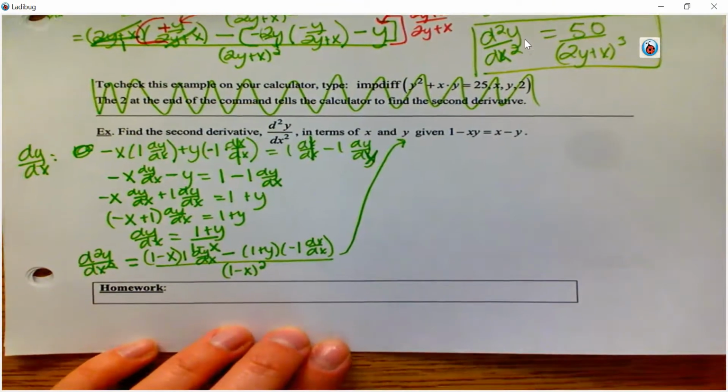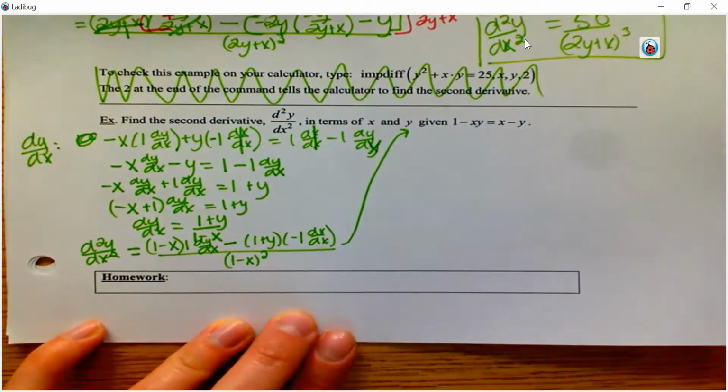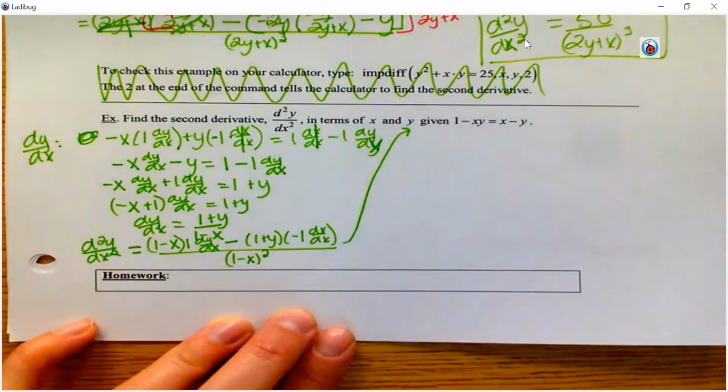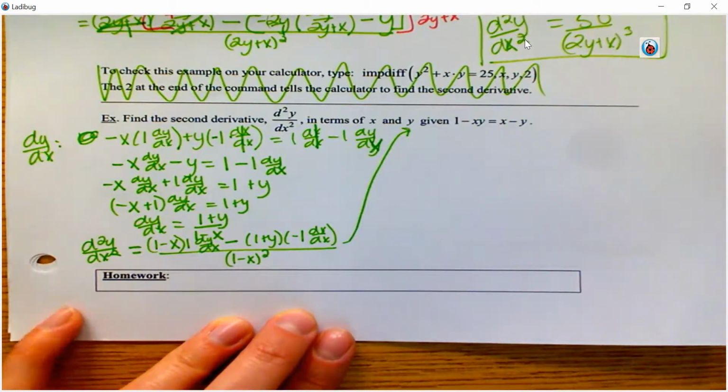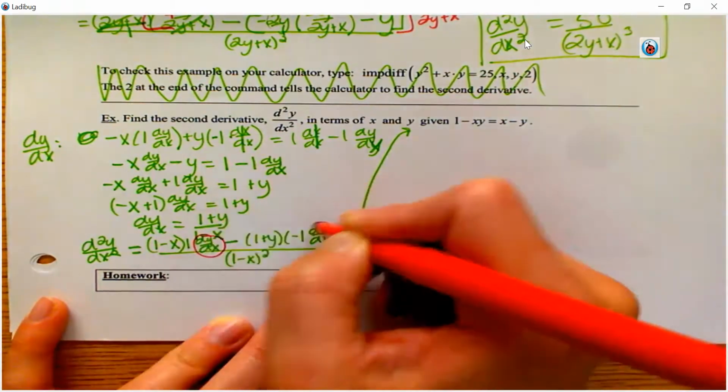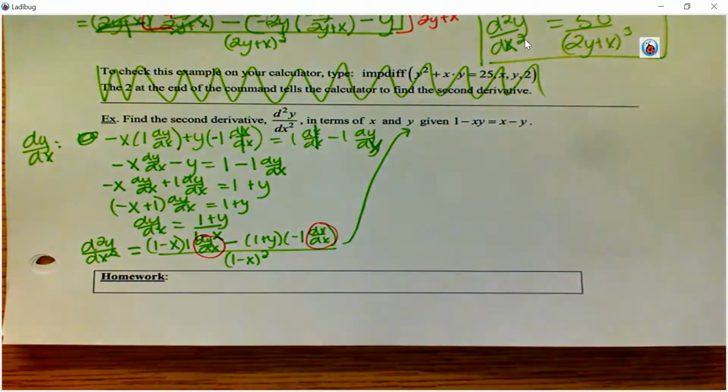Okay, now that I have that written like that, what do I need to do? It's the key to these problems. Yep, plug in dy dx since you have a value for that.